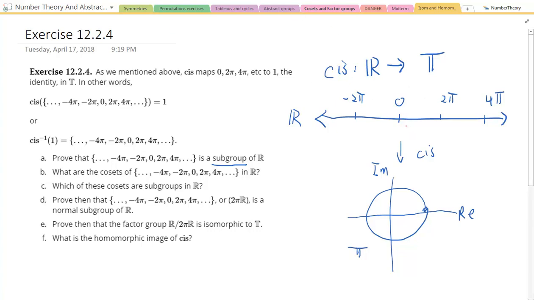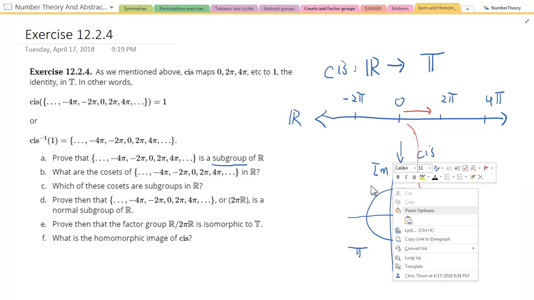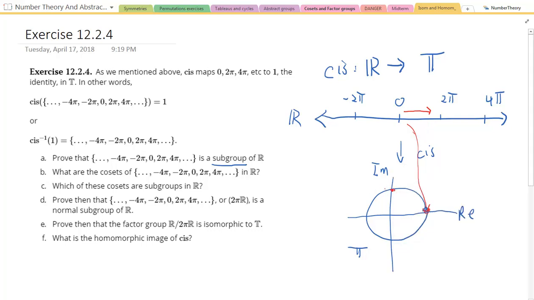The zero goes here to this point because cis of 0 equals 1. Now as you move along the real axis in this direction, if you take cis of any real number, for instance, this here, that's cis of pi over 2.